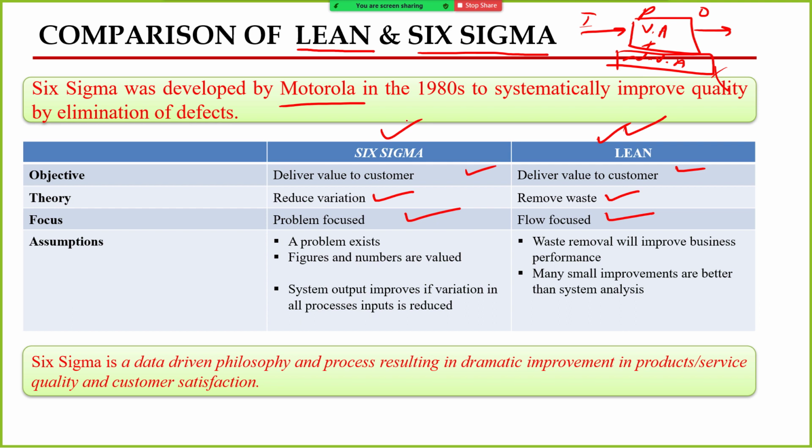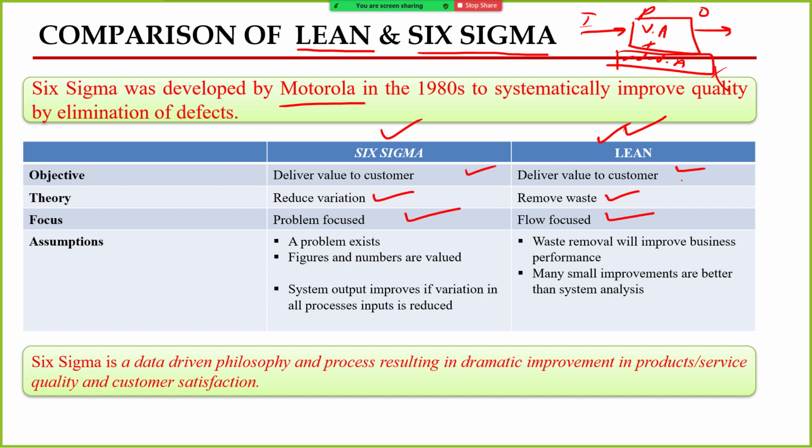For that we should have knowledge of heavily statistical based techniques. That's why the improvement we get through Six Sigma is going to be huge, whereas in Lean we improve our process step by step, continually pursuing the process. So it's up to you whether you want to adopt the Lean philosophy or the Six Sigma philosophy.